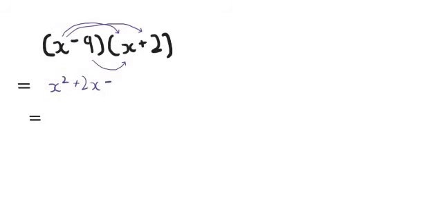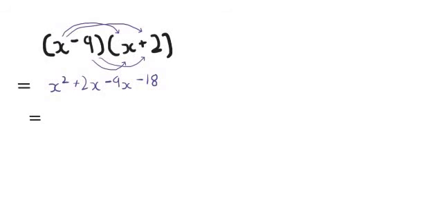The minus is very important because otherwise it'll be plus 9x, which will be a very different answer. So it has to be minus 9 times x, and the answer will just be minus 9x. And then you have to do minus 9 times plus 2, which should give you minus 18.